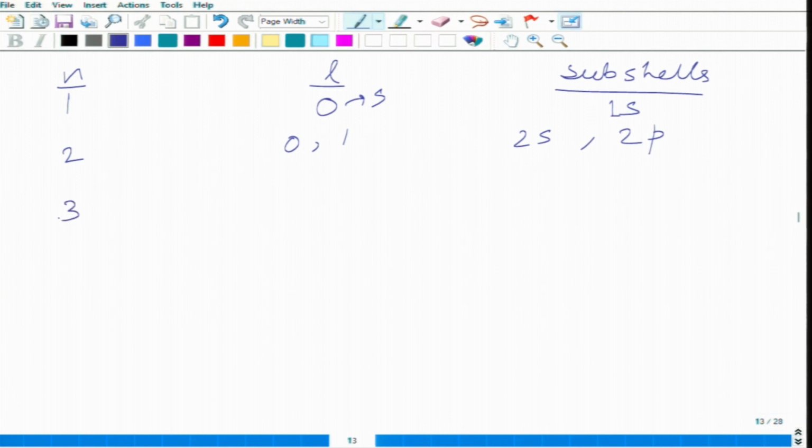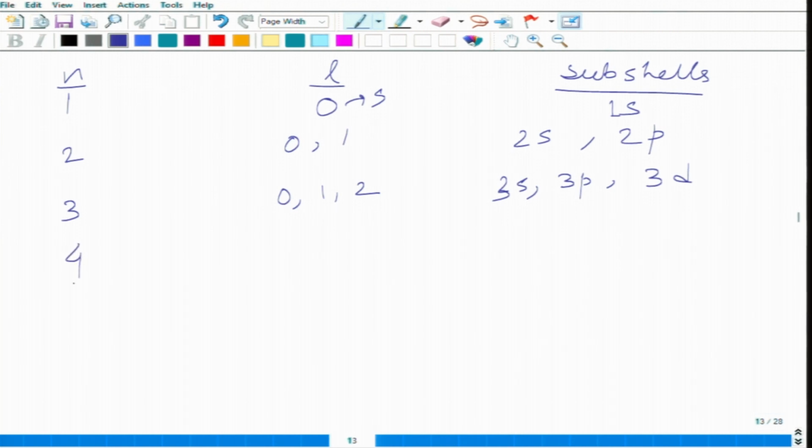For n equal to 3, we will have 3 azimuthal quantum numbers 0, 1 and 2. 0 is s, that is 3s. For 1 we will have 3p and for 2 we will have 3d.